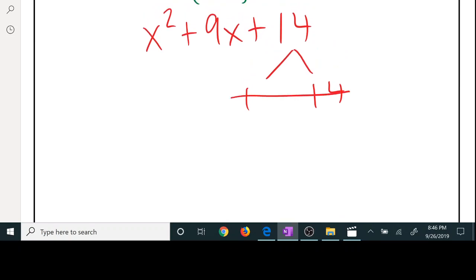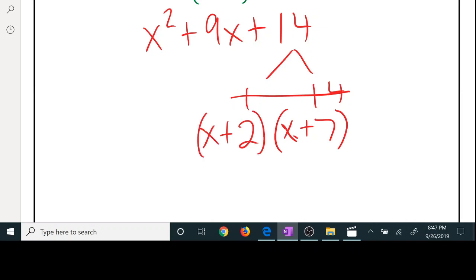Then how about 2 and 7? Well, that should work. 2 plus 7 is 9. So there we go, positive 2, positive 7. 2 times 7 is 14. Check. 2 plus 7 is 9. Check. Those are my two checks I need to make before I am done.